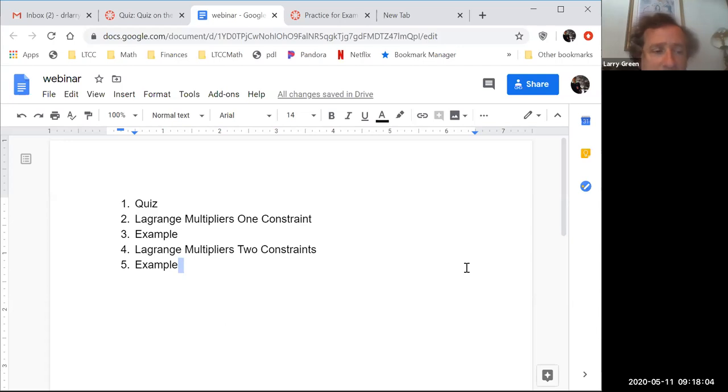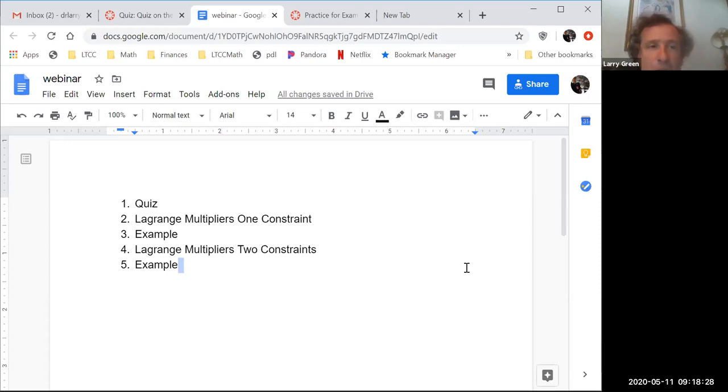So a lot of times you want to find a max or min that includes constraints, whether that might be the amount of materials and people you've got and overhead and all that kind of stuff, or it might be some kind of conservation law. Those are the typical constraints that happen.